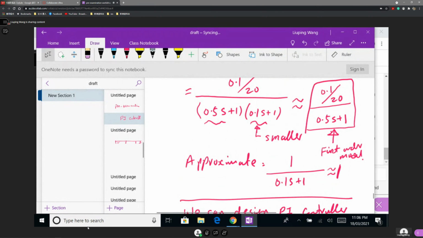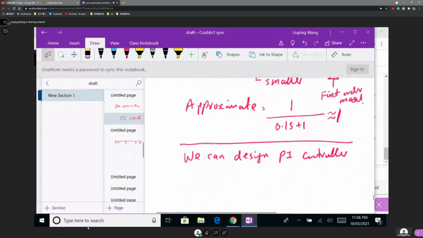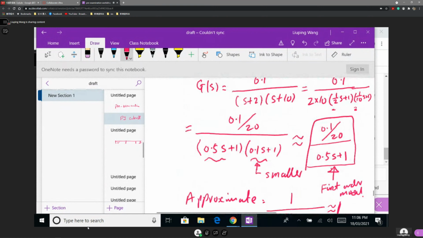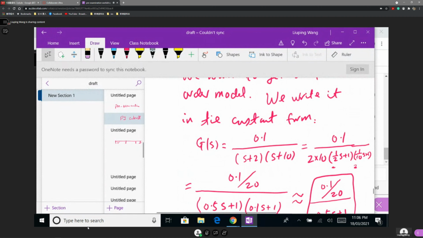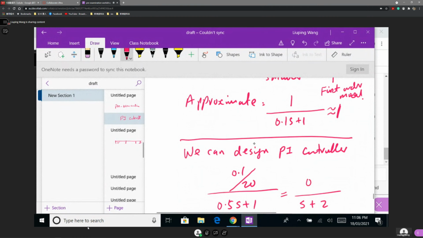So I'm going to design the PI controller. So basically, you use the model 0.5 s plus 1 and 0.1 divided by 20, right? So I need to write it as s plus 2 on the bottom, and then it's going to be 0.01 on top.